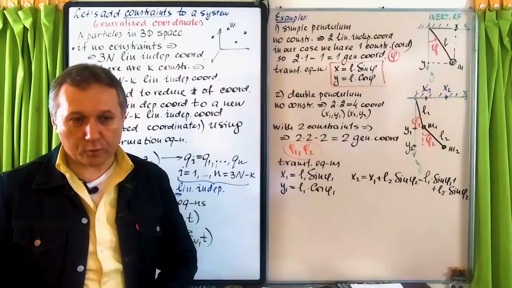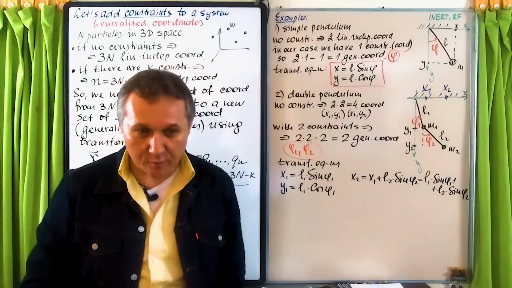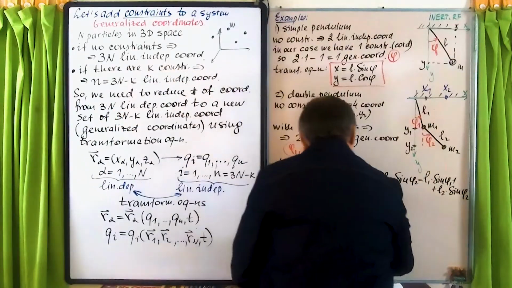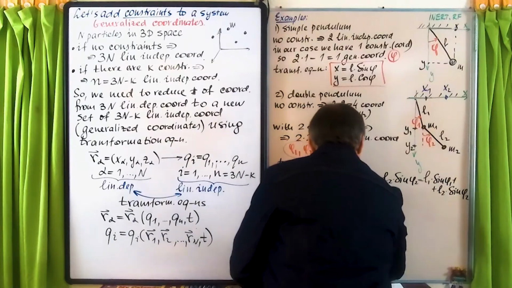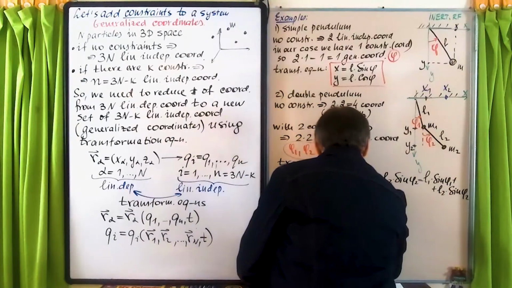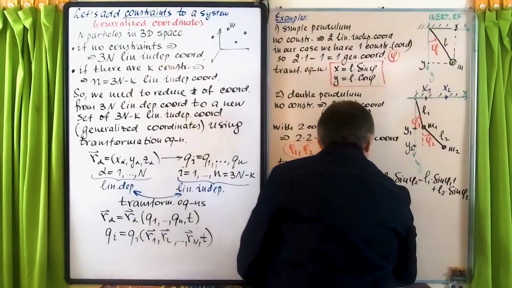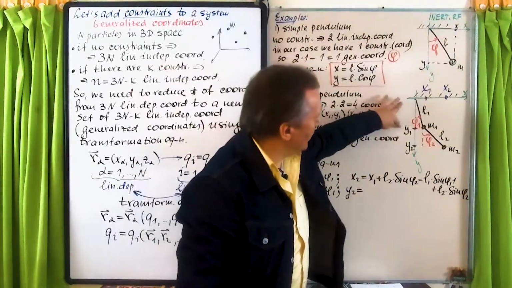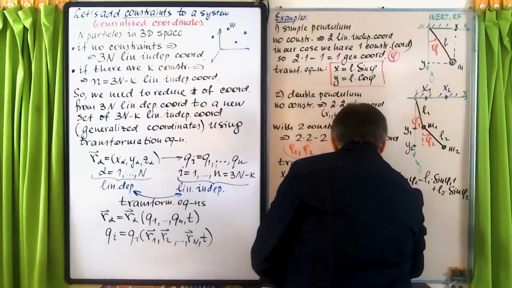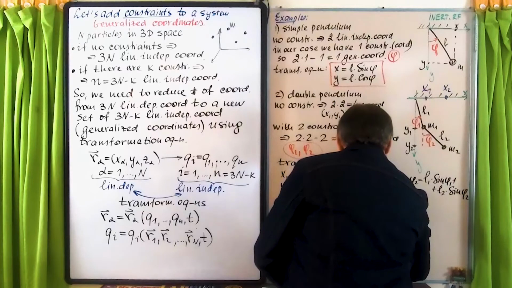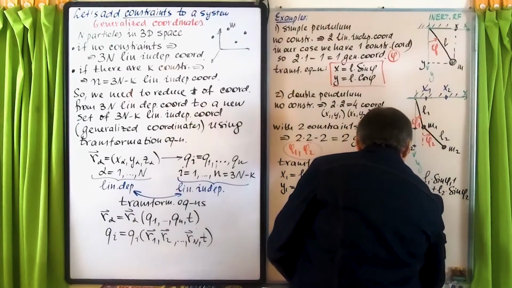And now the last one. We have 4 coordinates, and now we need to replace them with 2 coordinates, phi 1 and phi 2. So now it's y2. y2 will be y1 plus this section, so y1 plus L2 cosine phi 2.